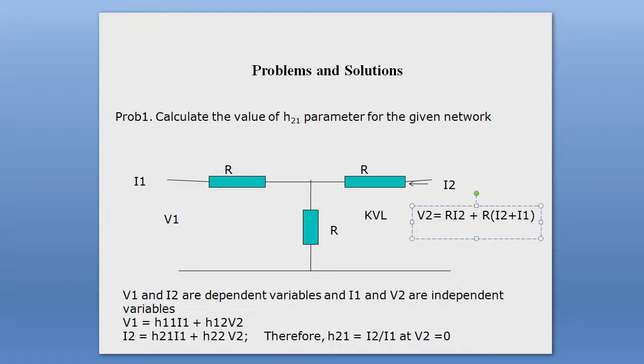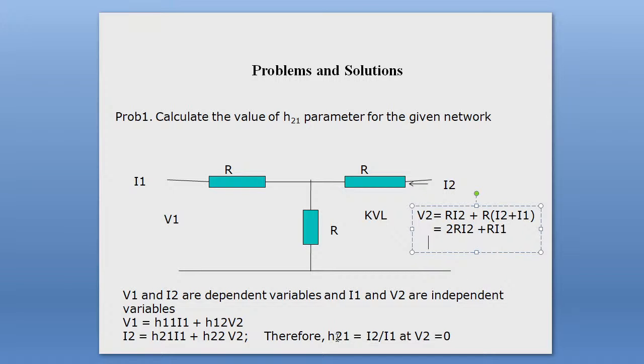So now if we take common I2, then we will get 2R I2 plus R I1. You know that V2 equal to how much? V2 equal to 0.